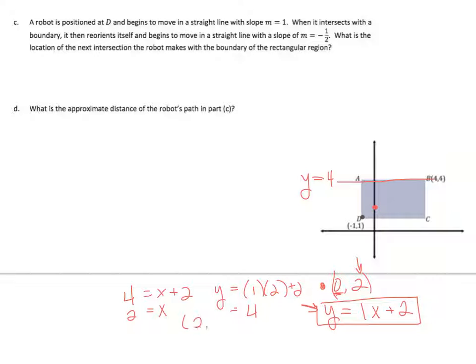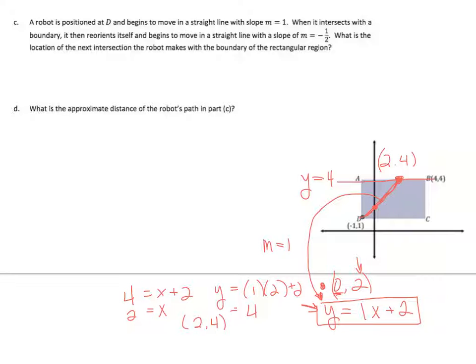So my ordered pair is 2, 4. So that is up here. So that right there is at a slope of m equals 1. And we have our equation right here, m equals 1.